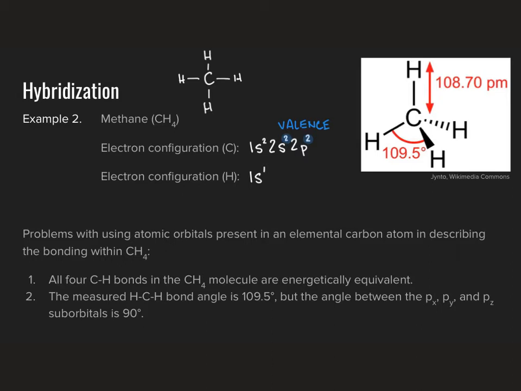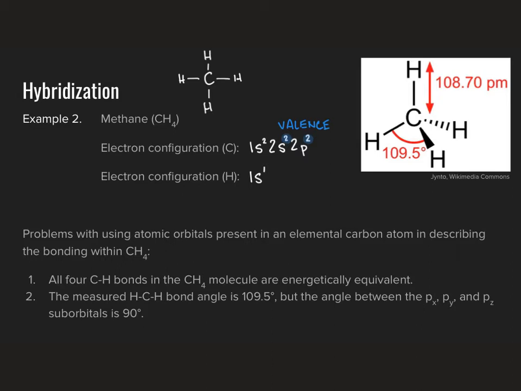And remember, from our localized electron model, we wanted to form overlaps of the atomic orbitals, each of which contain 1 electron from each of the atoms involved in the bond. Which means in this situation, it appears as if we only have the possibility of forming 2 bonds if we're going to be using those 2p orbitals in order to form our overlap and bond these 2 atoms together. And we know methane has 4 carbon to hydrogen bonds, so something seems amiss already.